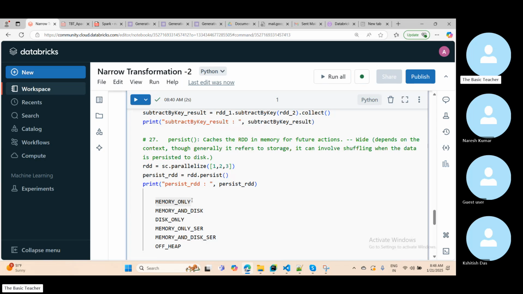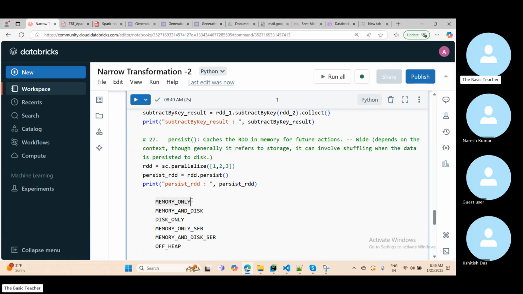But this is possible only if you have a small amount of data. If you are dealing with 1 TB of data, you cannot assume it will work with memory only. That will be the condition.